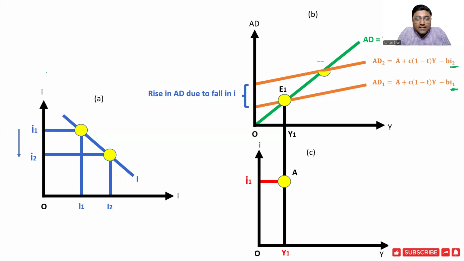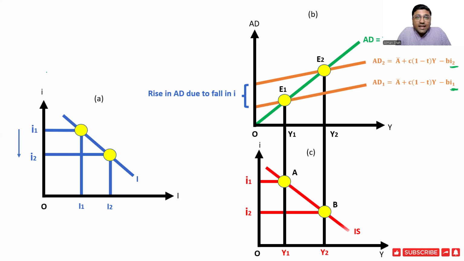The new equilibrium point is E2, at which the equilibrium level of output or income is Y2. Now this Y2 is associated with the lower interest rate, and therefore the reflection of E2 is depicted by point B in panel C. So here the rate of interest is i2. Now if you join these two points A and B, we will get a negatively sloped IS curve.